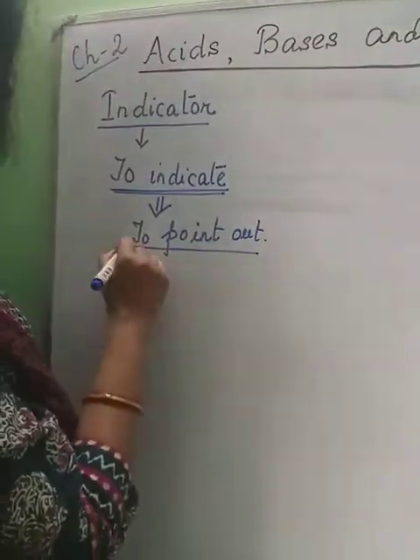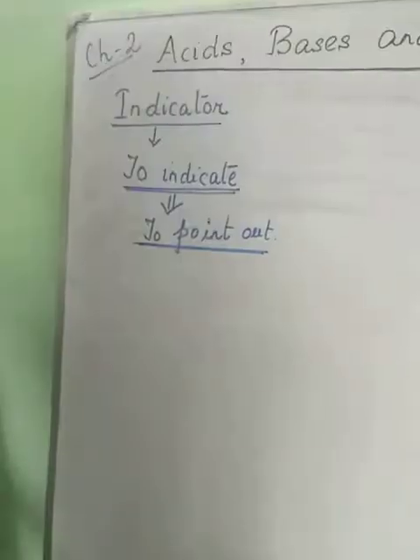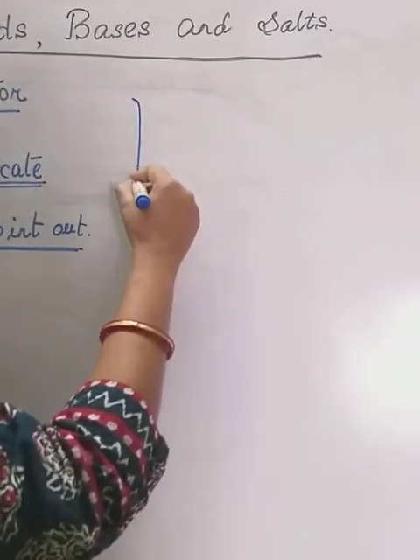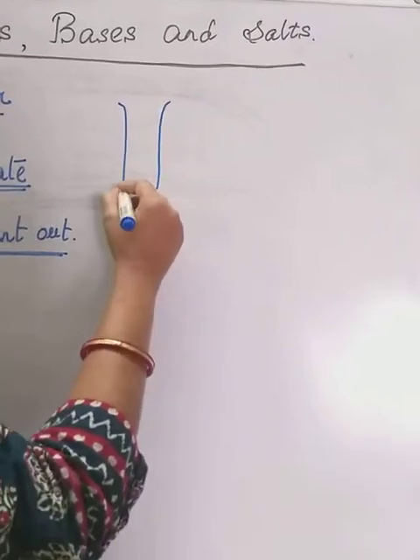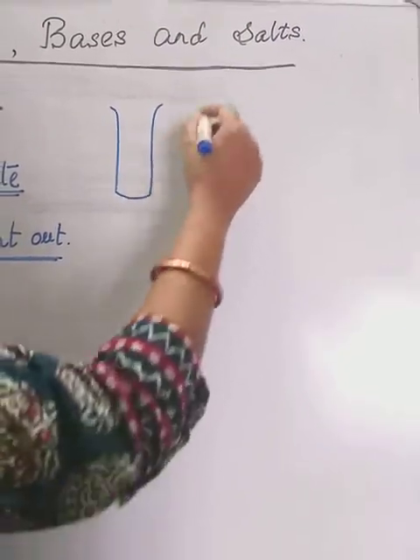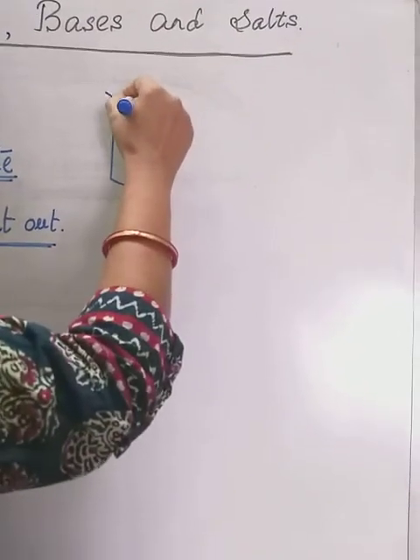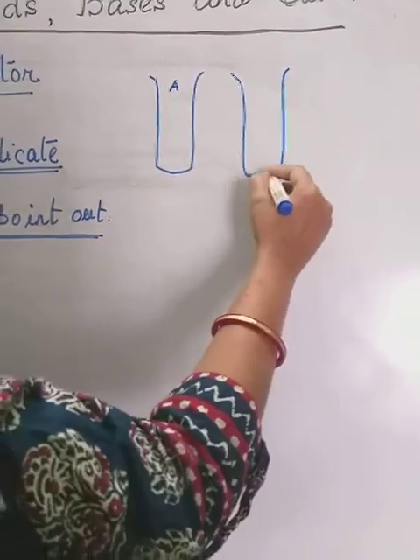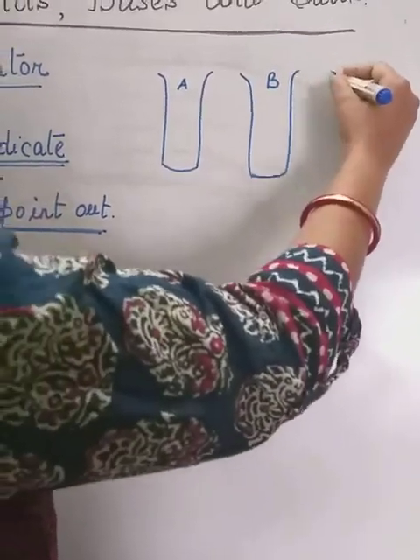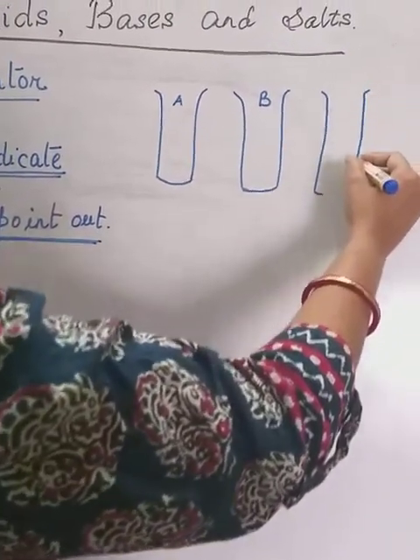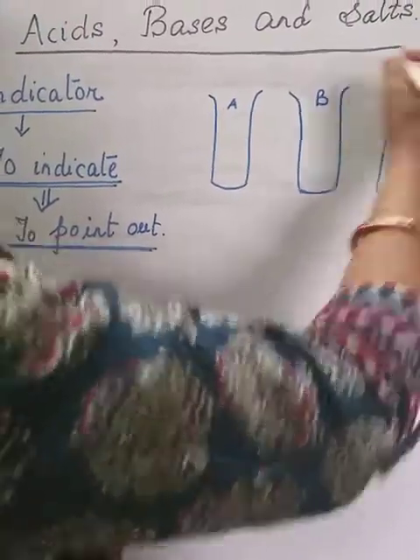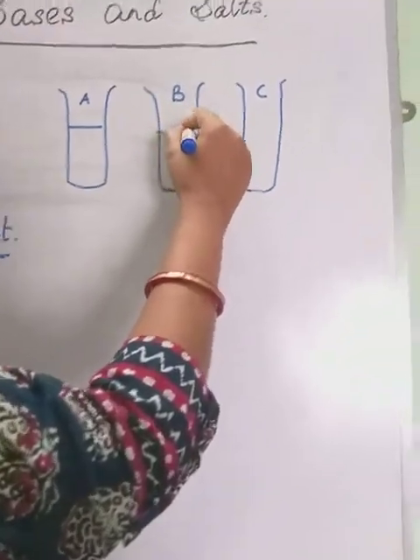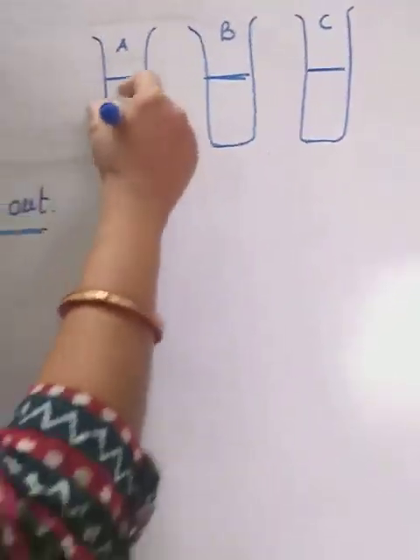Now what to point out? I am giving you just one example. In one test tube, suppose labeled as A, another test tube labeled as B, another test tube labeled as C, we all put some colorless, odorless liquids.